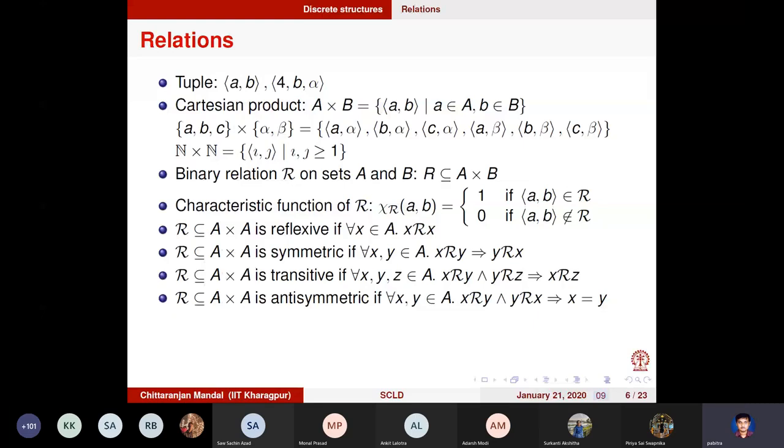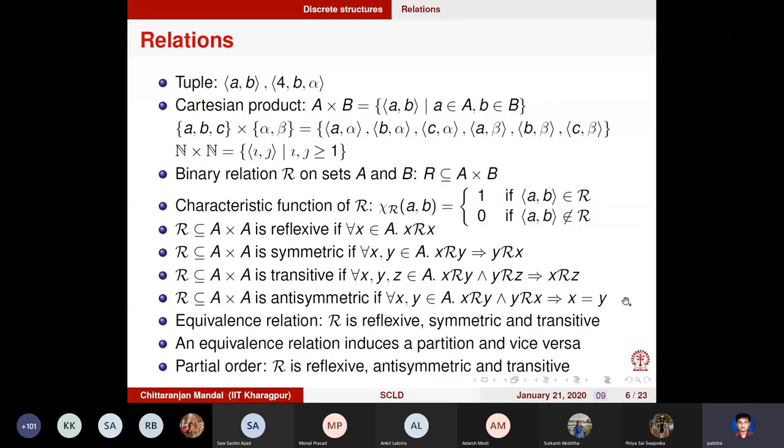There is one more relation we'll later talk about. It's called an asymmetric relation. That means for all x, y, if x is related to y, then definitely y cannot be related to x. You rule out y is related to x. In the antisymmetric relation, you don't really rule it out; you say that it means x is equal to y.